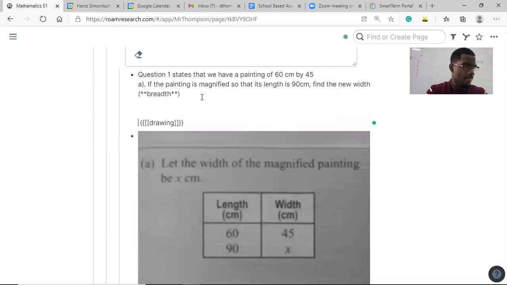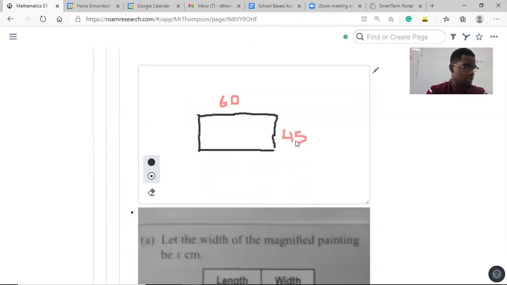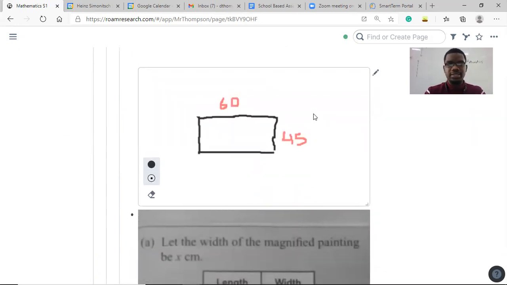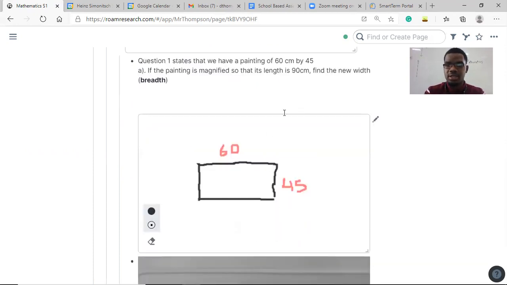All right, so here's what we're gonna do. And the next question we're gonna go into after, but let's do the first question first. So if the painting is magnified so that its new length is 90 and the original was 60, what is the new width? So it's changed from 45.